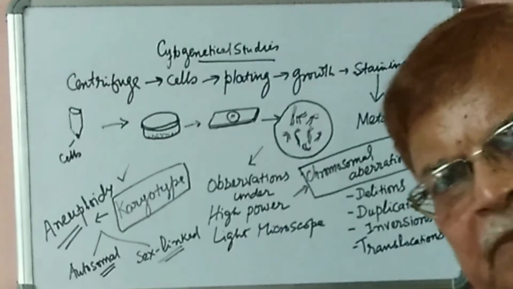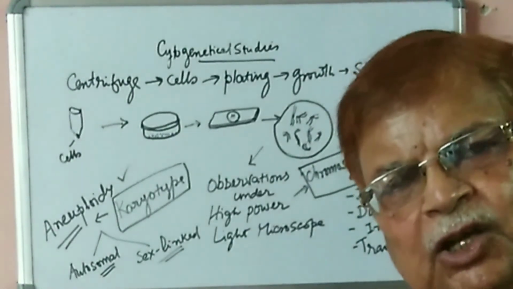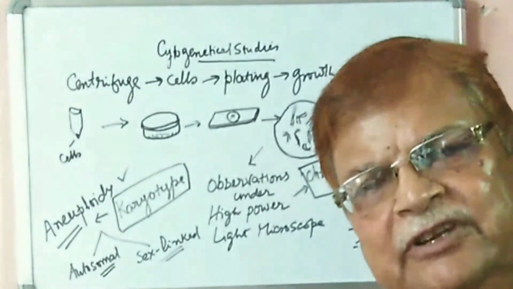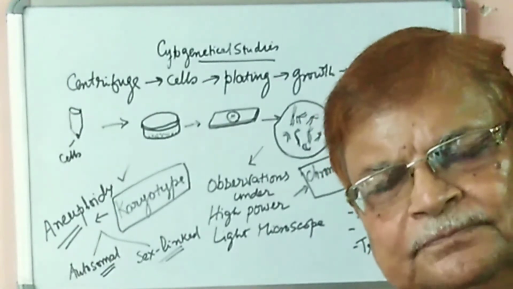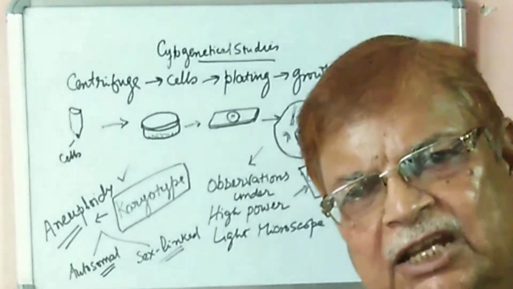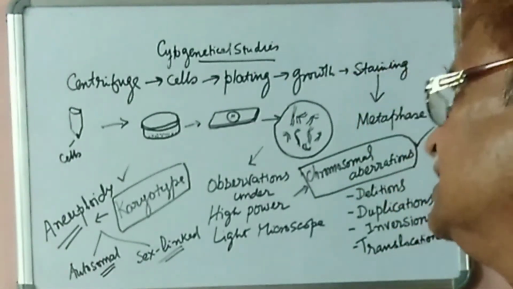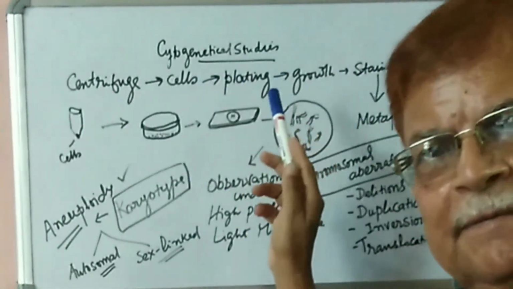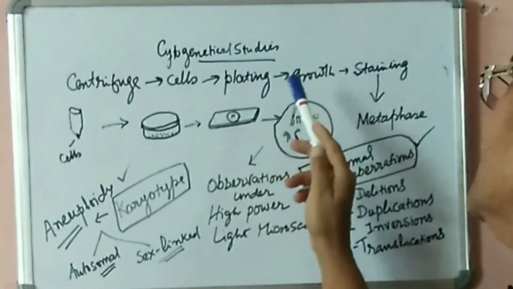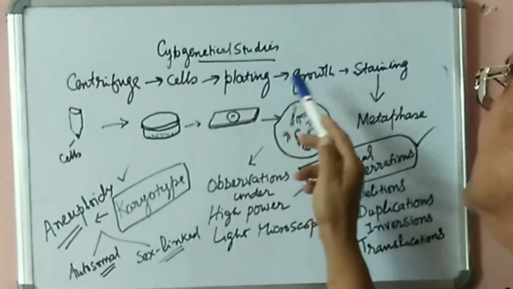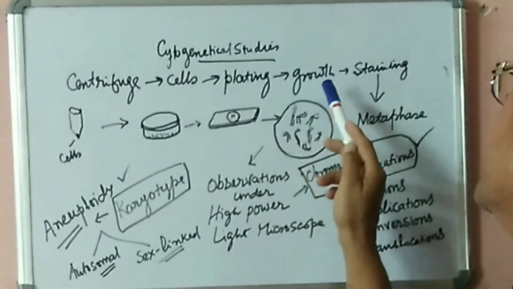Once the cells have been collected in the centrifuge tube, they are taken out in the medium, and they are processed in the laboratory for plating, and the growth is ascertained.